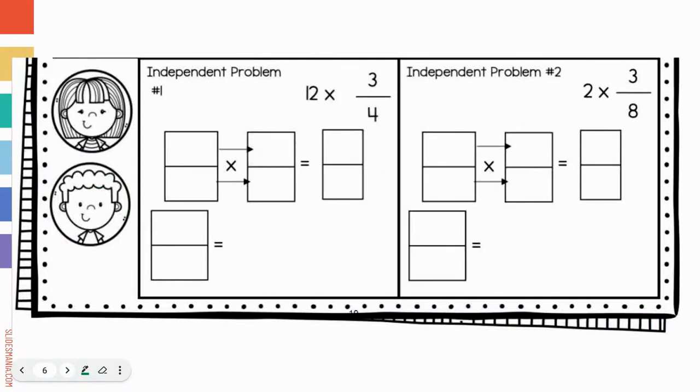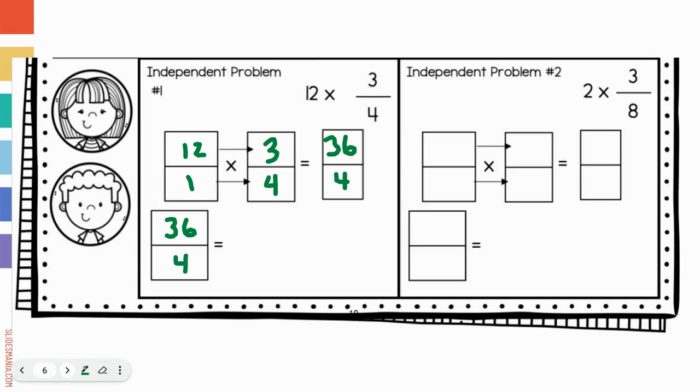Okay, next we have 12 times 3/4. So make 12 a fraction. So we've got 12 over 1. And then times 3/4. And then multiply across. 12 times 3 is 36. 1 times 4 is 4. Now this one we can reduce. So we've got 36 over 4.